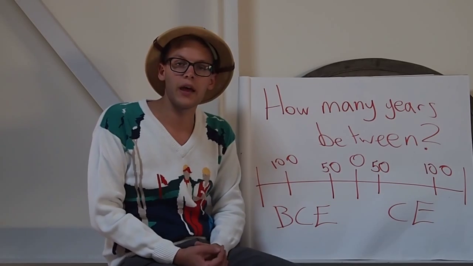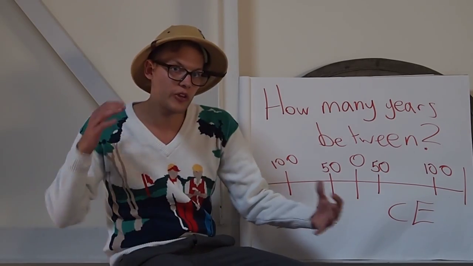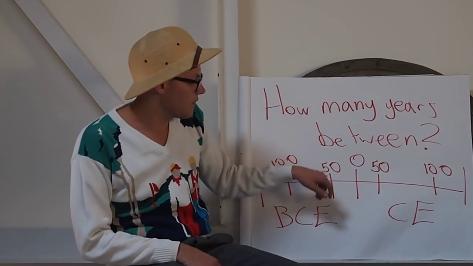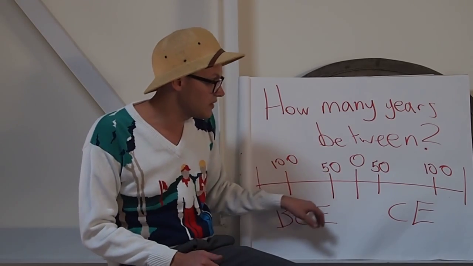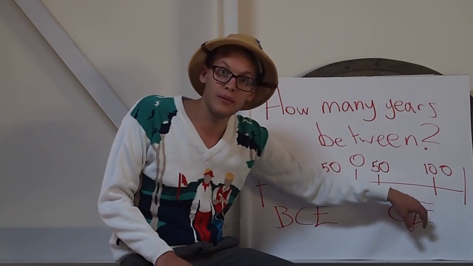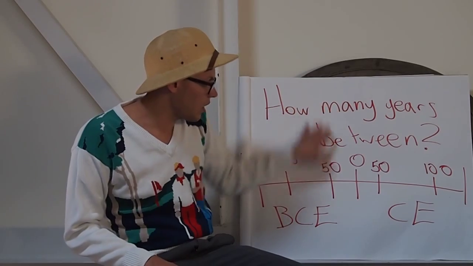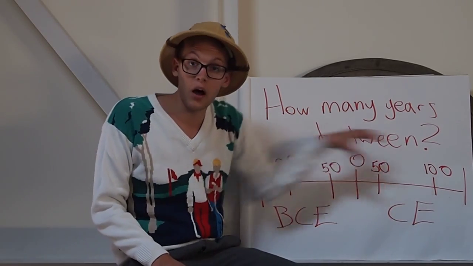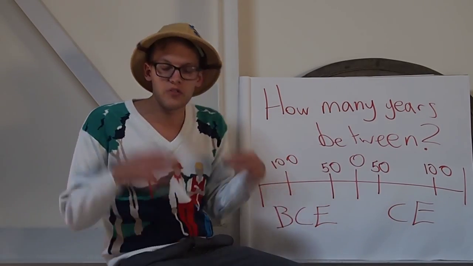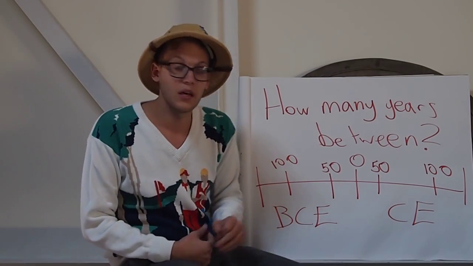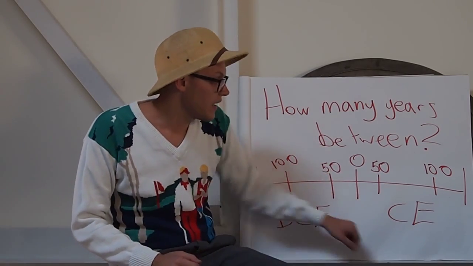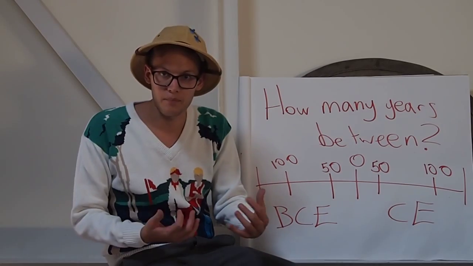Now, if we're looking at two years that are on both sides of 0, if we're looking at 50 BCE and 100 CE, they're both on separate sides of 0. They're not on the same side. To see how many years are between 50 BCE and 100 CE, we have to add.